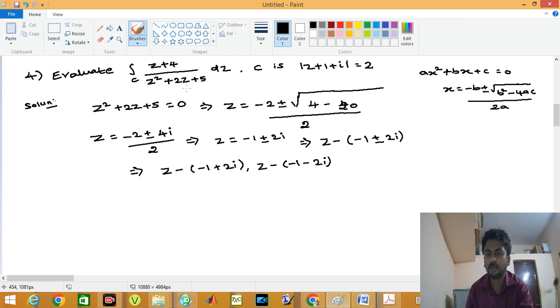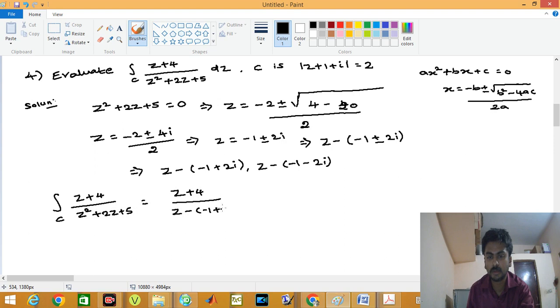So we can write the integral over C of (z plus 4) divided by (z square plus 2z plus 5) equal to (z plus 4) divided by (z minus (minus 1 plus 2i)) into (z minus (minus 1 minus 2i)).